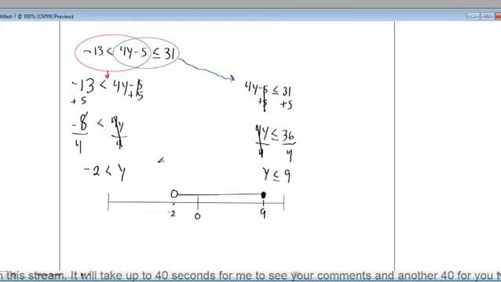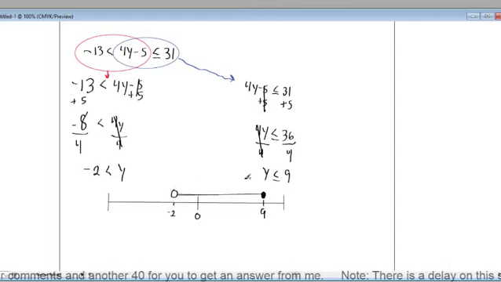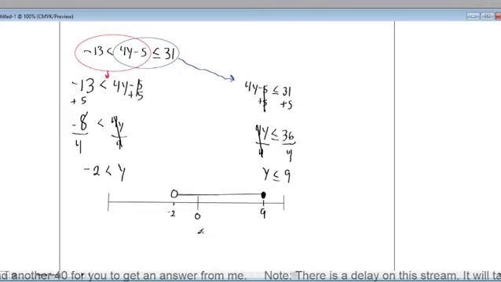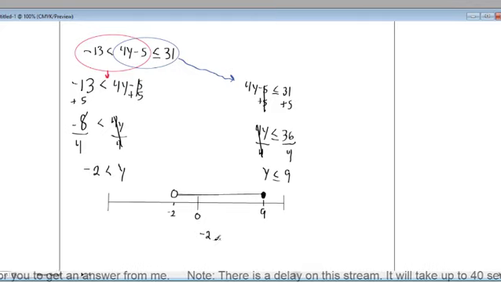All right. Well, again, we should probably get our interval notation for no other reason than practice. A start point and an end point, read from left to right. So our start point is going to be here at negative 2, and then it's going to go to the right and end at 9. So again, our start point is negative 2. Our end point is 9.